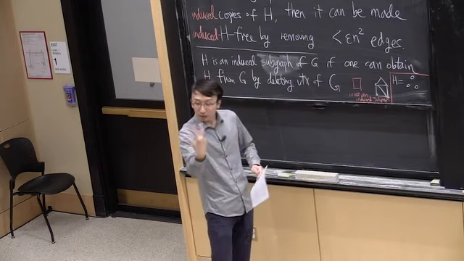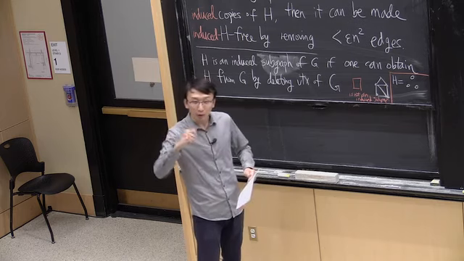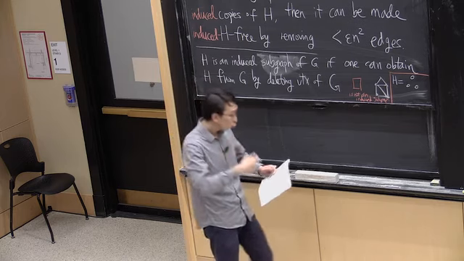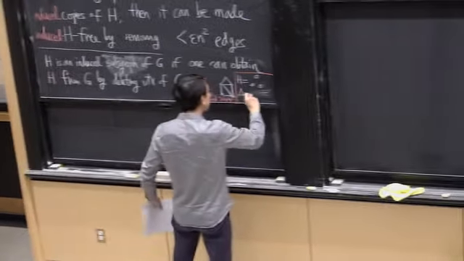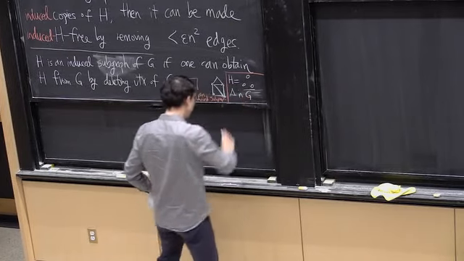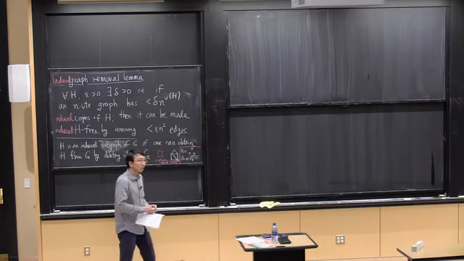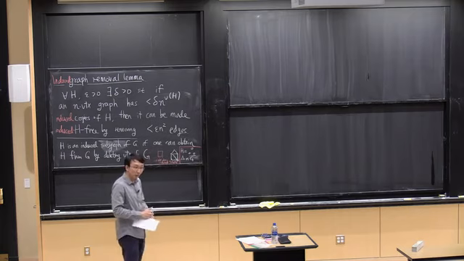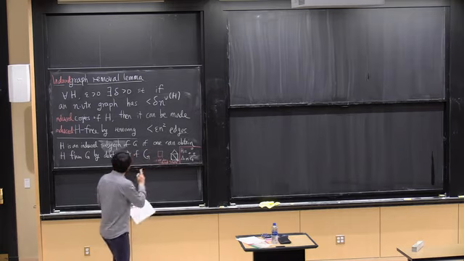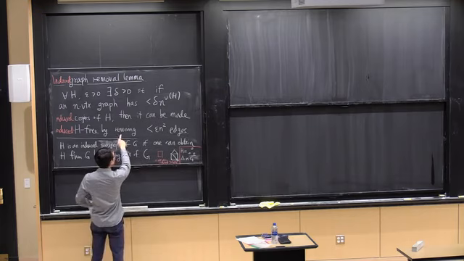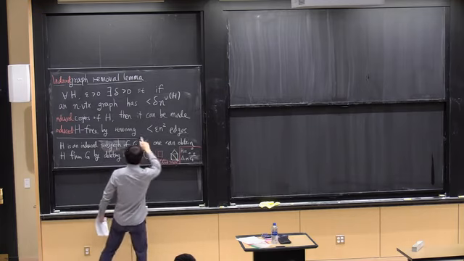We're looking at copies of H, which are 3 isolated vertices. So really, you're looking at triangles in G complement. This is exactly the triangle removal lemma in the complement of G, but you can't get rid of these by removing edges.